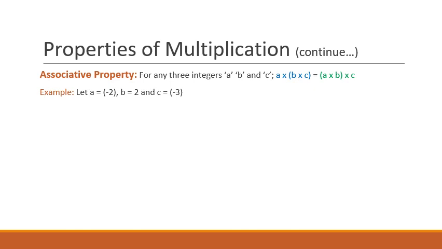Let's continue with the properties of multiplication. The third property of multiplication is the associative property.